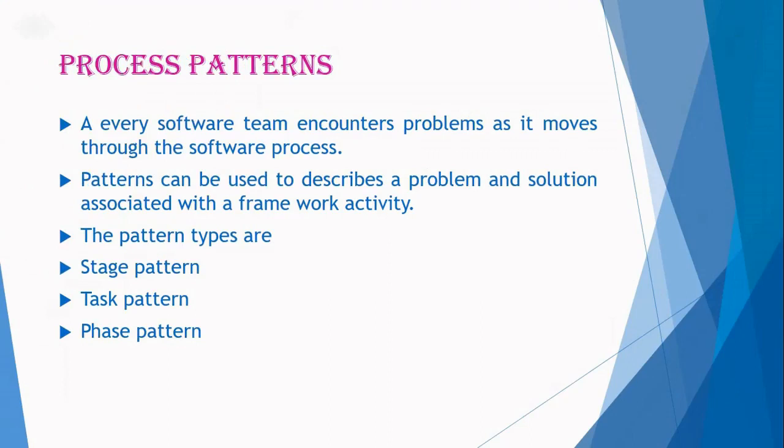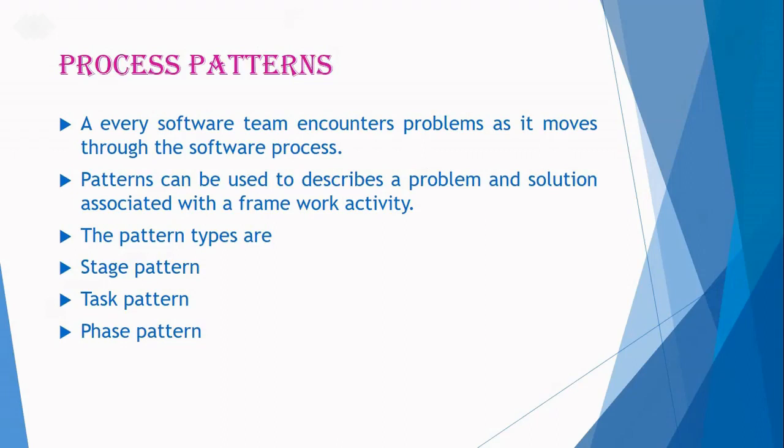A process pattern describes a process related problem that is encountered by software engineers in their work, identifies the environment in which the problem has been encountered and suggests one or more proven solutions to the problem.